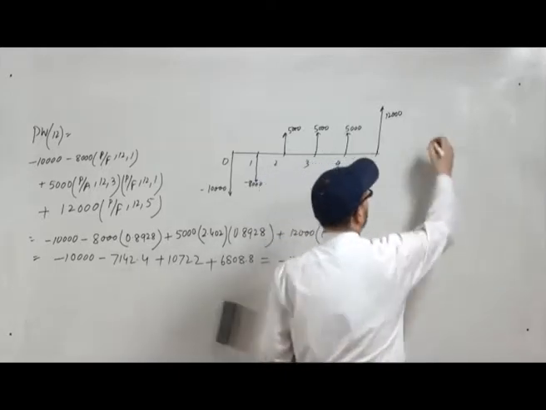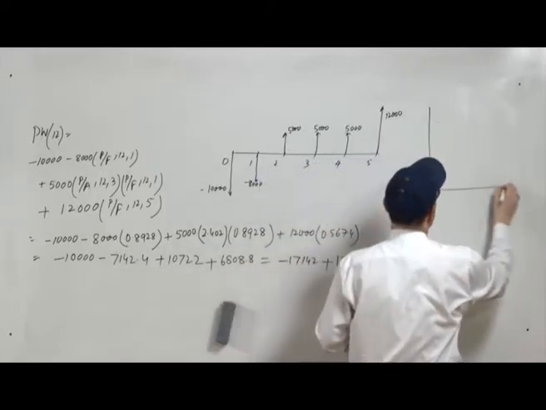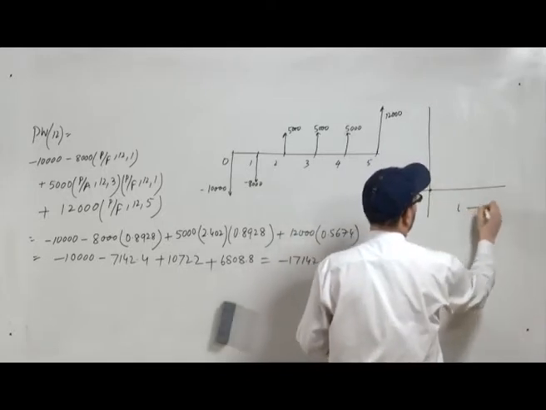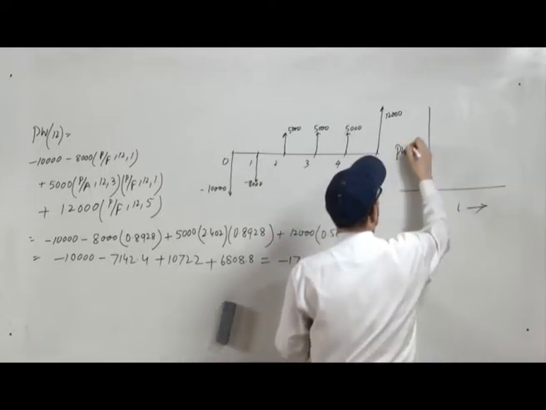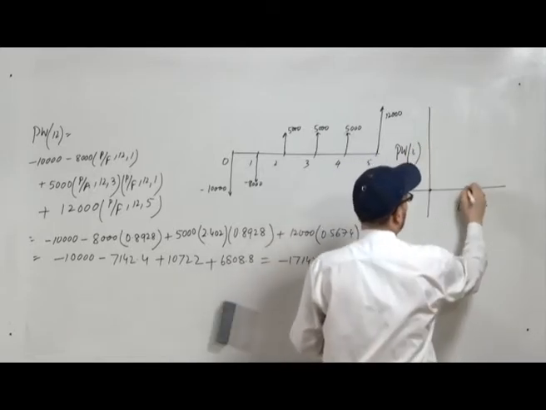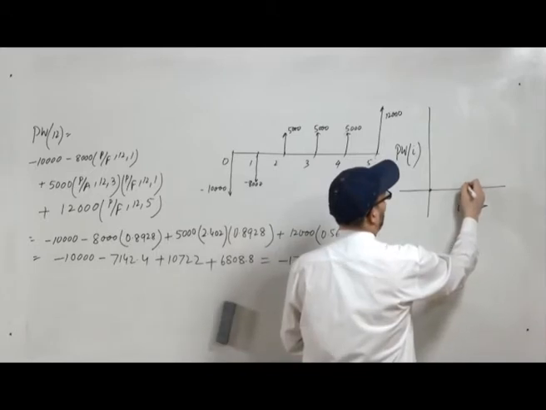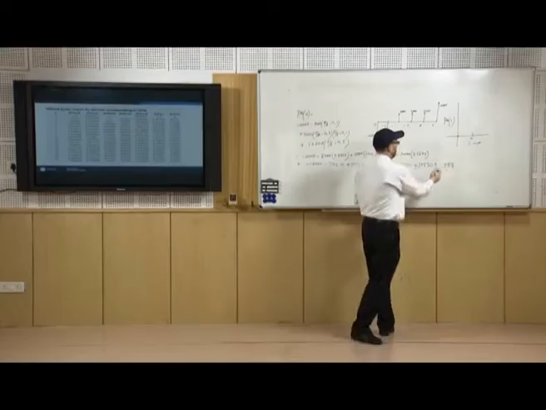So, what we have seen is we had calculated at 0% rate of interest PW, and at 12% the value is only a small value, 388.